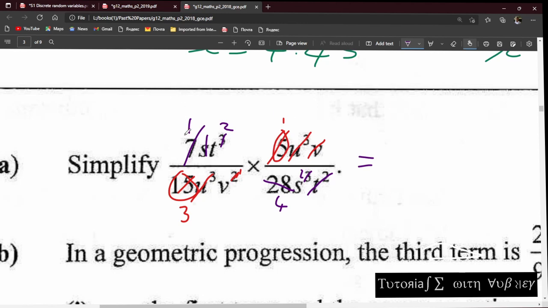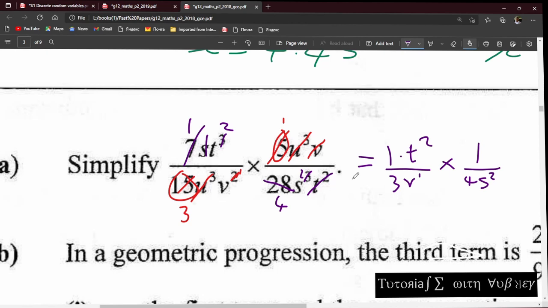And now the result is we have 1 by t to the power 2, that is 1 times t to the power 2, divide by 3 times v to the power 1, times, here 5 we had 1, here everything went, so here we just remain with 1, divide by, here we have 4, times s, we remained with 2, so that is s squared, okay, and the t completely went.